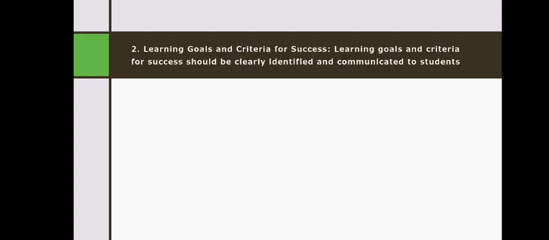Number 2. Learning goals and criteria for success. Learning goals and criteria for success should be clearly identified and communicated to students, because the formative assessment process helps students achieve intended learning outcomes based on explicit learning progressions. Teachers must first identify and then communicate the instructional goal to students.